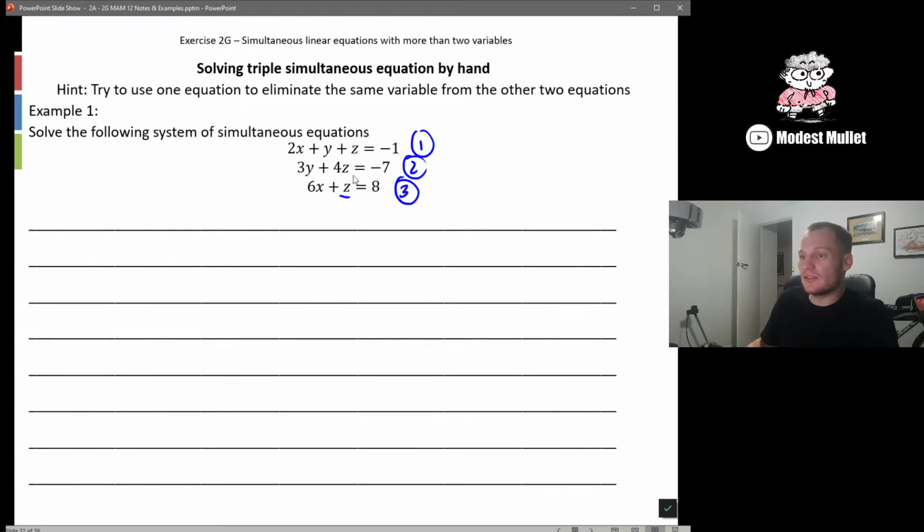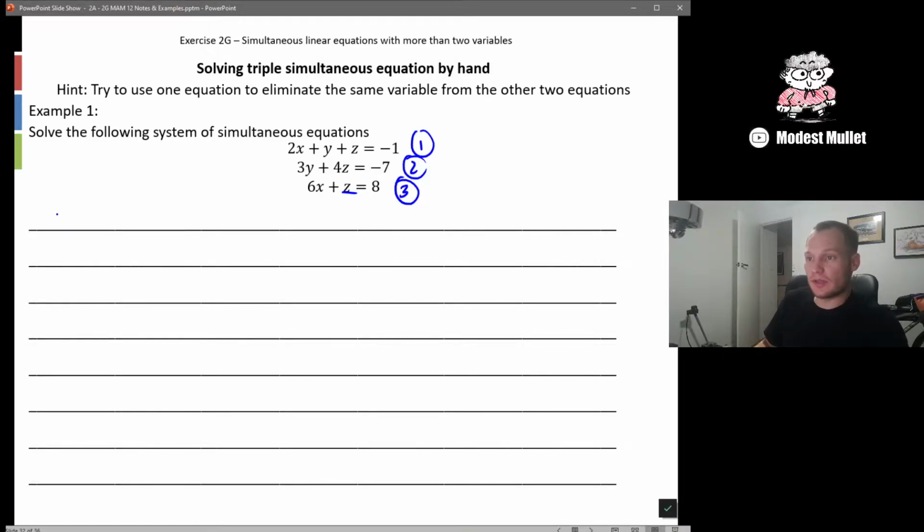I'm going to use equation 3 to eliminate z from the other two equations. Once z is eliminated, we're down to two equations with just x and y, and then we can solve like normal.